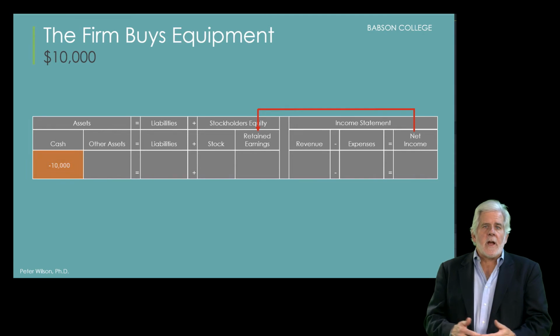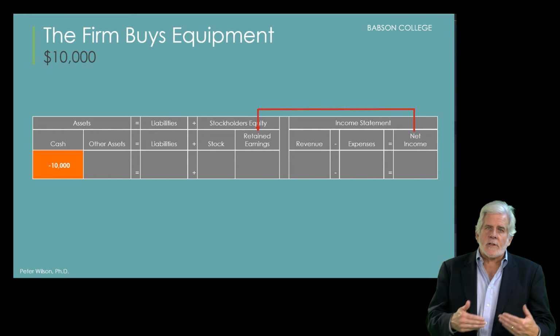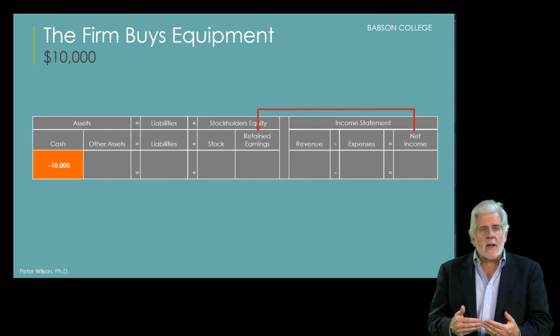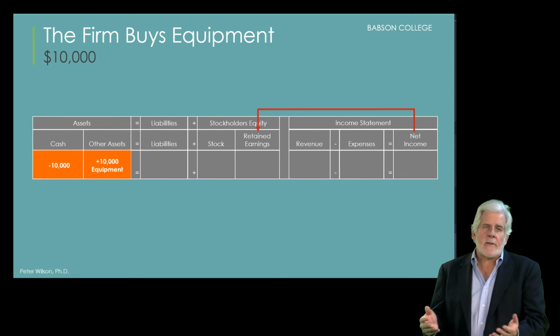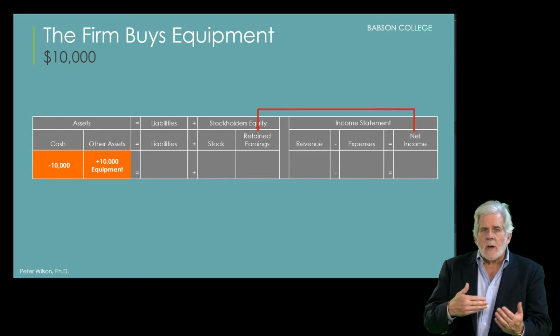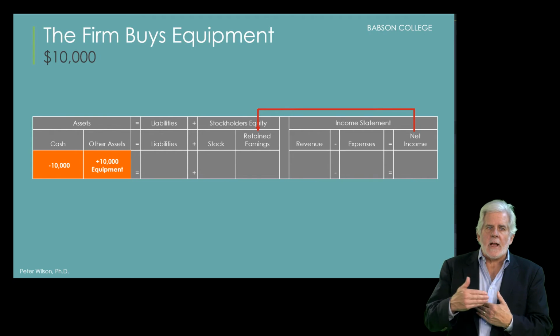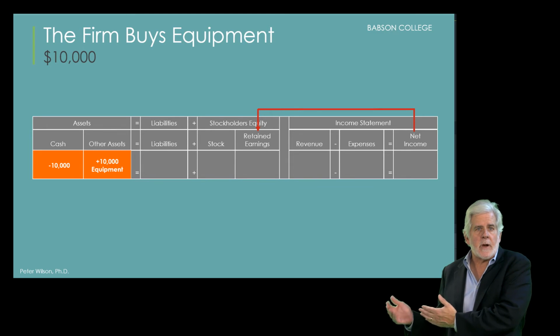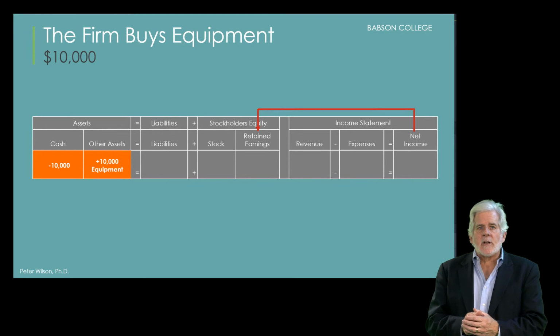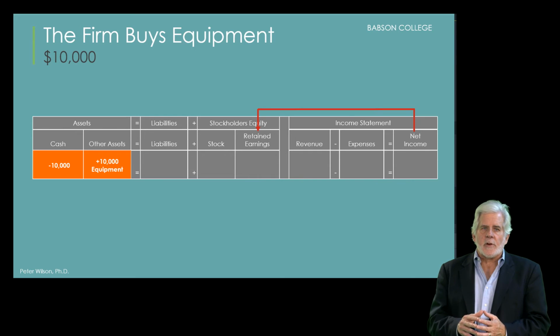Here, the firm is giving up $10,000 of cash, so cash decreases, and is receiving $10,000 of equipment, so the other asset column is increased by $10,000. Note the summary effect of the journal entry: one asset, cash, decreased, and another asset, equipment, increased by the same amount. Thus the balance sheet equation stays in balance and the journal entry is complete.